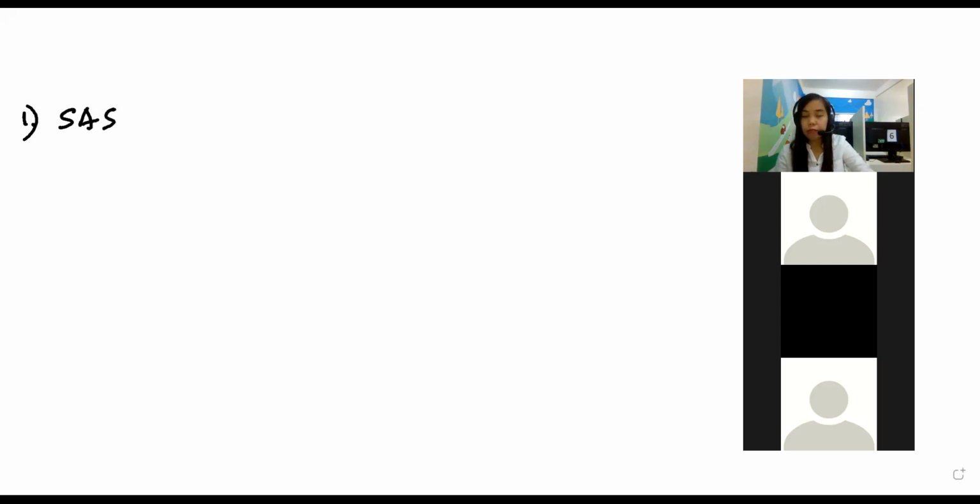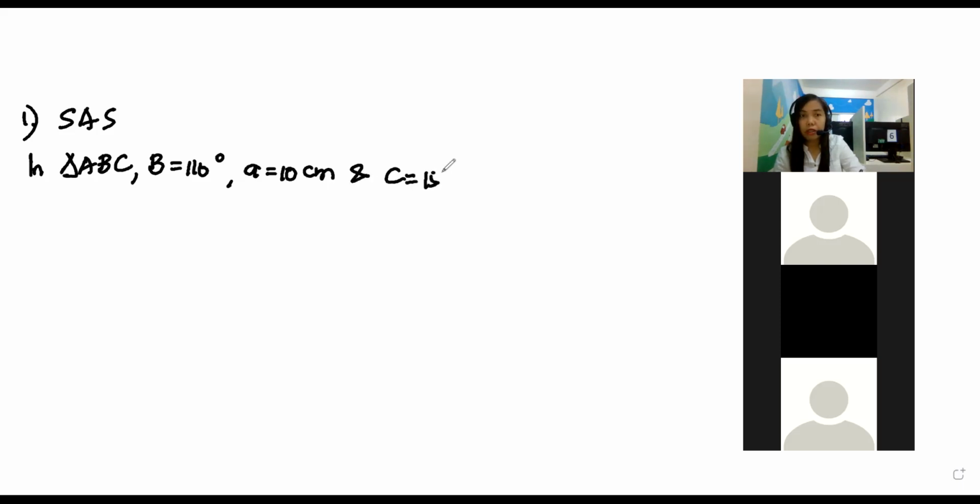So in triangle ABC, B is equal to 110 degrees, a is 10 centimeters, and c is 15 centimeters. Find b.